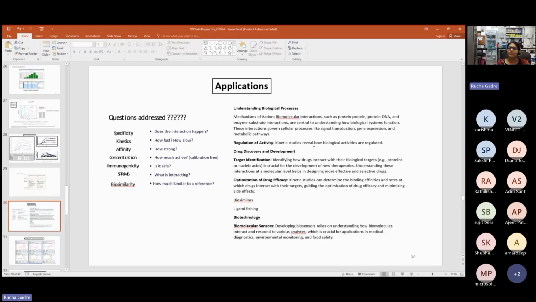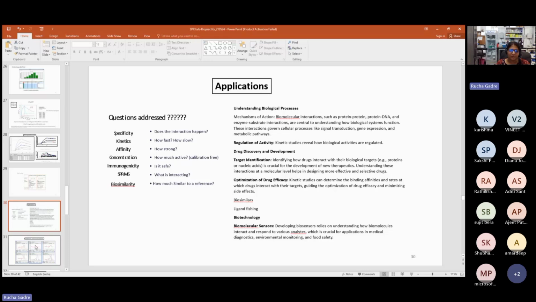This information can further be explored for different drug discoveries, and to check the efficacy, biosimilars, ligand fishing, etc. We can also develop biosensors. If you want to particularly check any binders, we can also design a biosensor. So these are the basic applications.